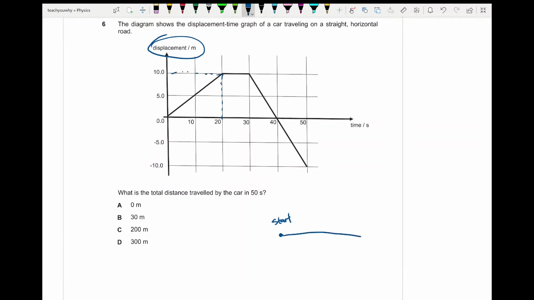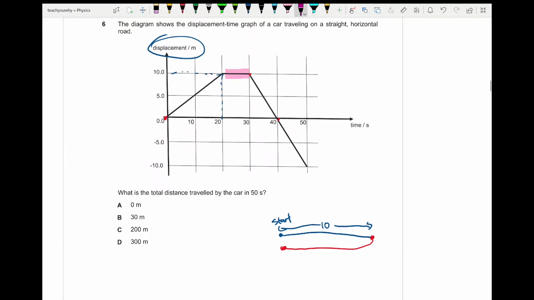Then it does nothing. It just remains here for 10 seconds. After another 10 seconds, it goes back to my origin because my displacement is 0.